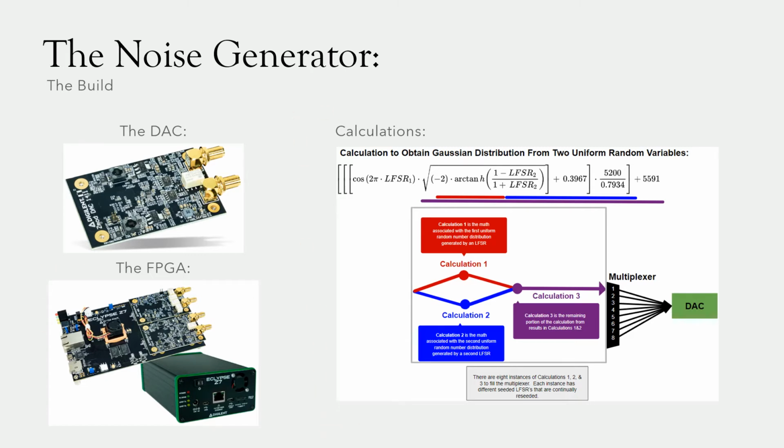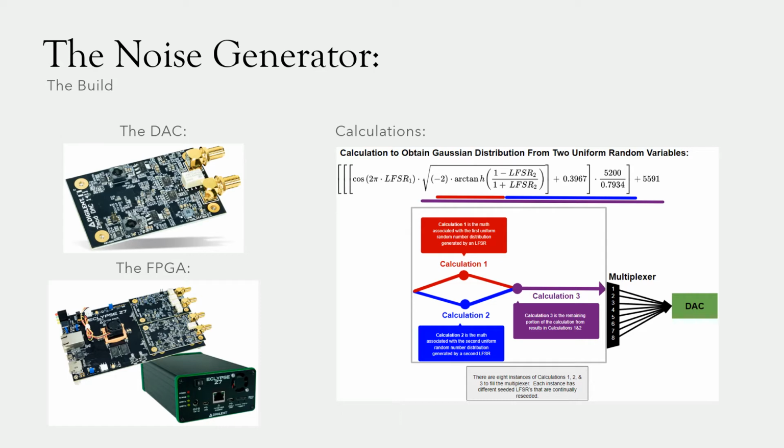The calculations we did to make this normally distributed random noise can be seen here. The aforementioned equation we used in the C script wouldn't work on the FPGA board because of the absence of random variables. C comes with loaded random variables that are uniformly distributed, and the FPGA board did not.